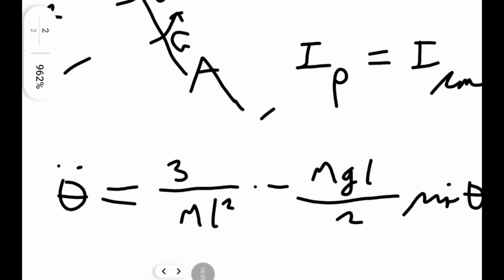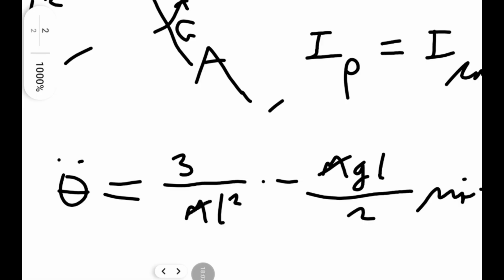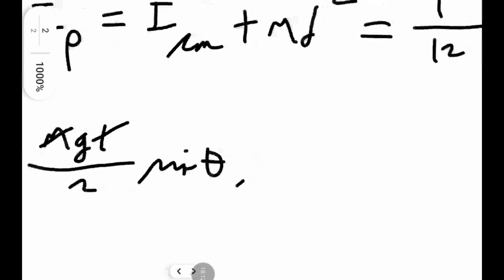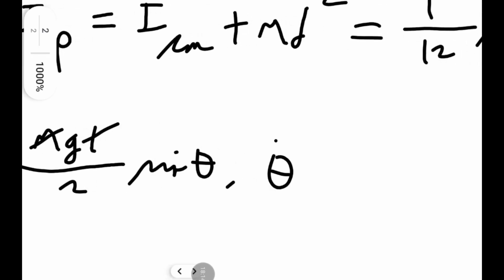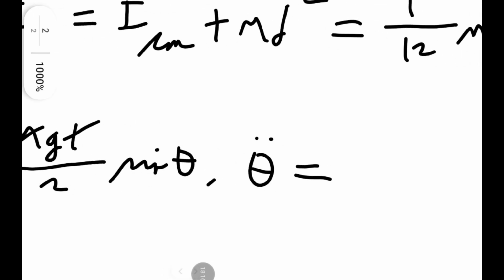And we can just cancel things out. We know m is going to cancel out, and one of the l's is going to cancel out. So you're left with the second derivative of theta with respect to time.